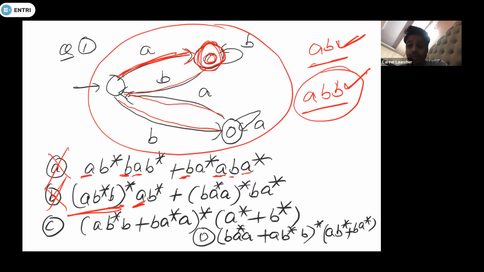Now, what is C? Take C. Here a whole star is given, and whole star gives minimum epsilon.